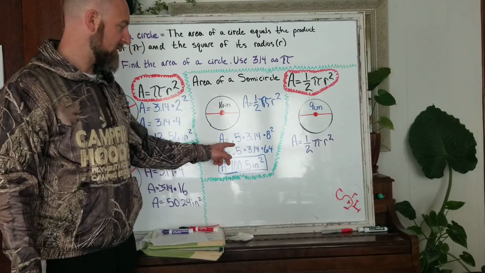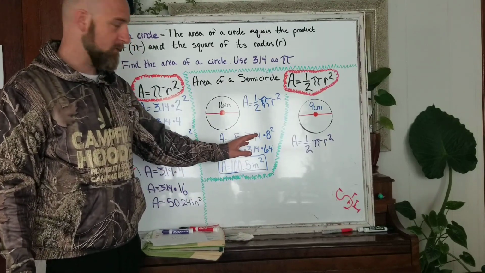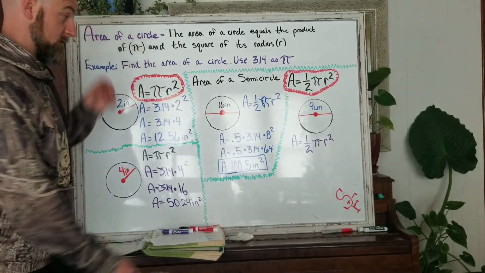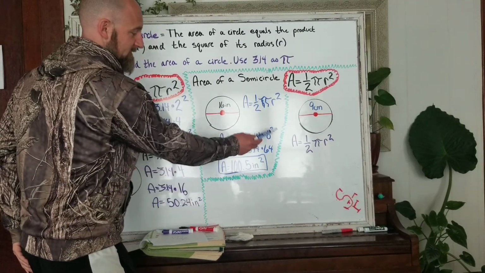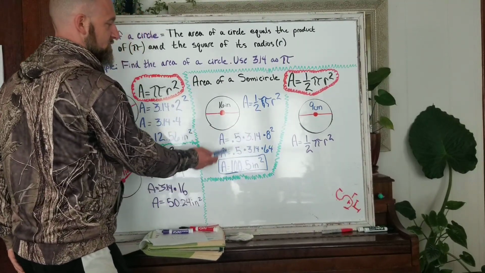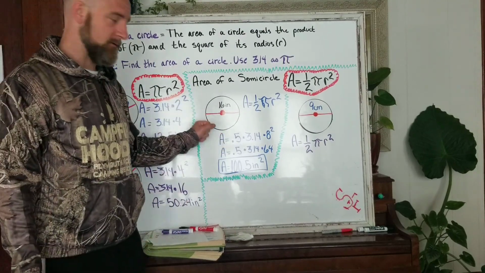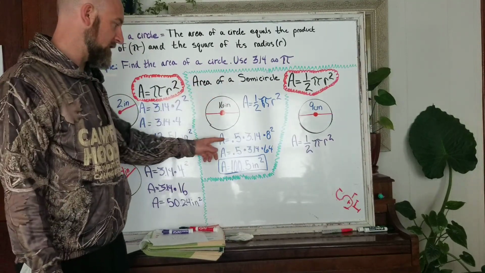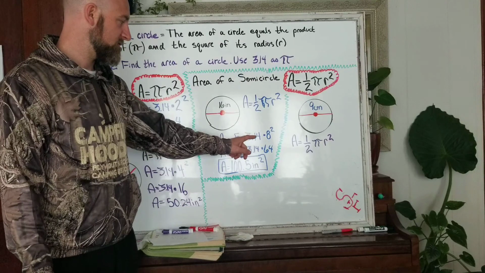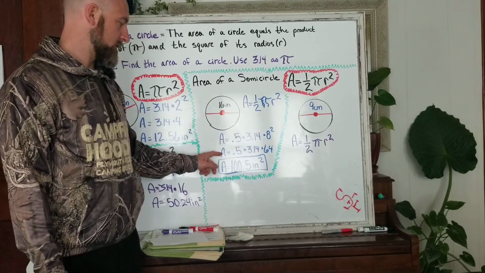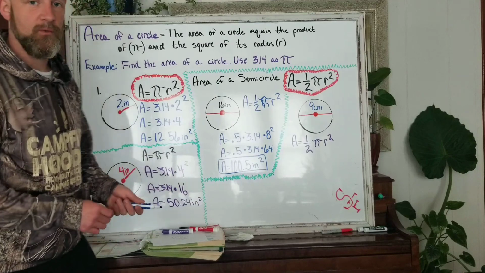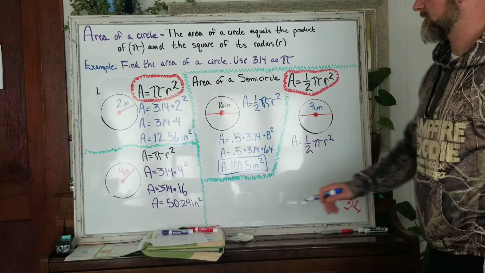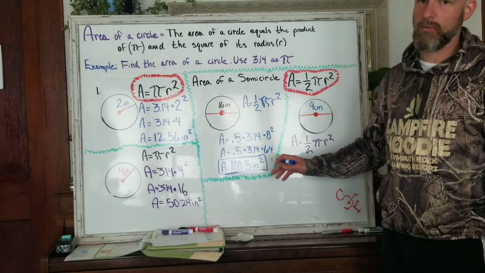A equals 0.5 times 3.14 as our pi times 8 squared. 8 times 8 is 64. Instead of working with fractions, we turn it into a decimal: a half is 0.5. So 0.5 times 3.14 times 64. The area of this semicircle is 100.5 inches squared.